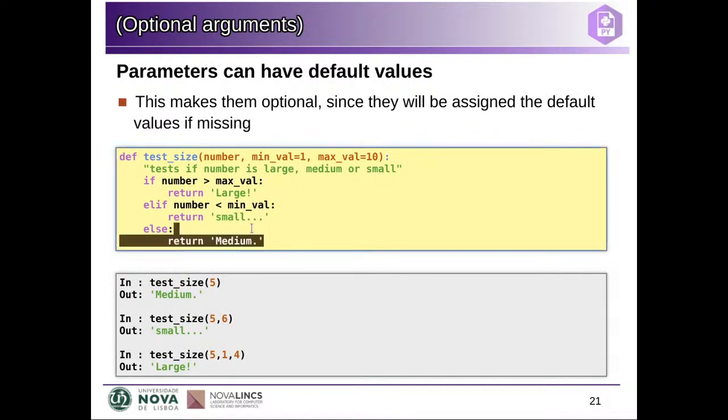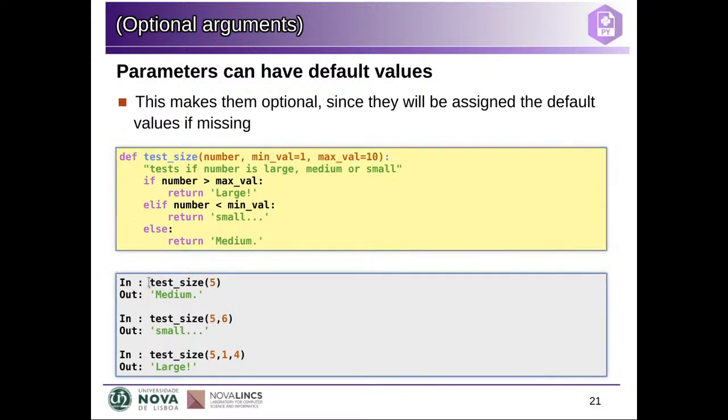This is just a toy example to illustrate this, but you can create functions that have some parameters which have default values assigned. So for example, minval here has the default value of 1, maxval has a default value of 10. This means that you can call the function without giving values to these parameters.